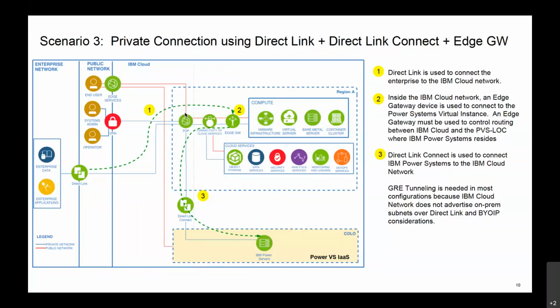So this direct link that you're seeing, that's step one over here, that dotted line. That is not the direct link connect that is connecting IBM Cloud, either Classic or VPC, to PowerVS. This is an on-prem direct link connection to an existing connection to the IBM Cloud.